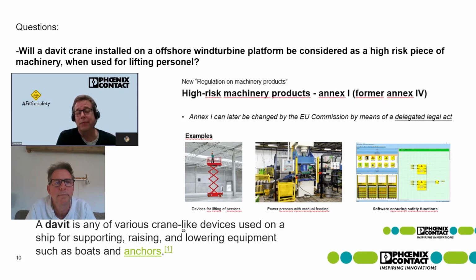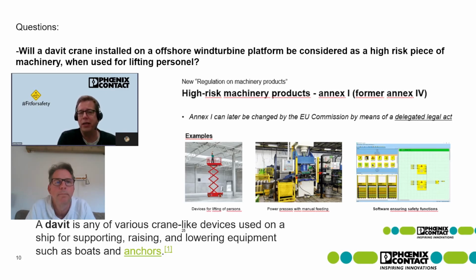And the resulting question, I think that's much more interesting, is that in future you will have to involve a third party anyway. Today you can argue, I have followed and specified and designed my crane, for example, in accordance with harmonized standards.